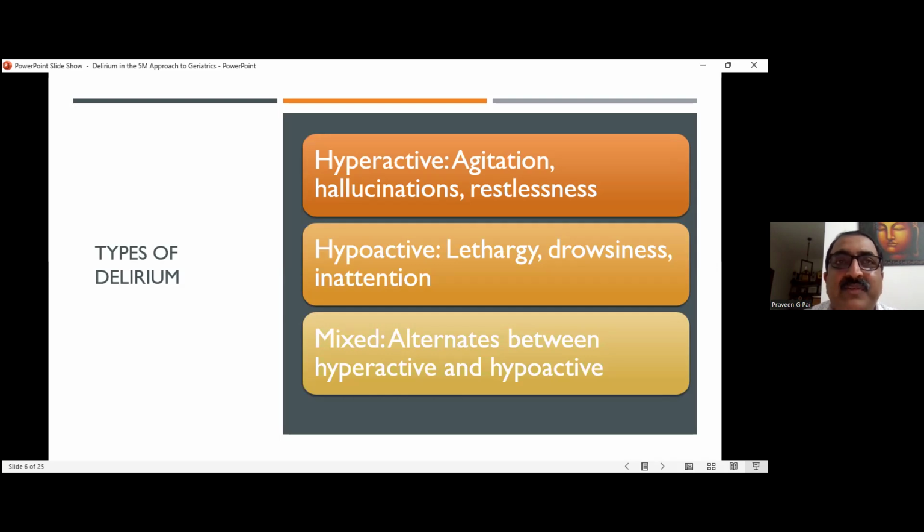So it all comes with experience, talking to them, and the continuity of care. If you keep seeing the same patient again and again, all these situations can be clearly identified. Or otherwise, working with the relatives. Relatives or the caregivers are the best people who can actually tell you this is not the way he is.